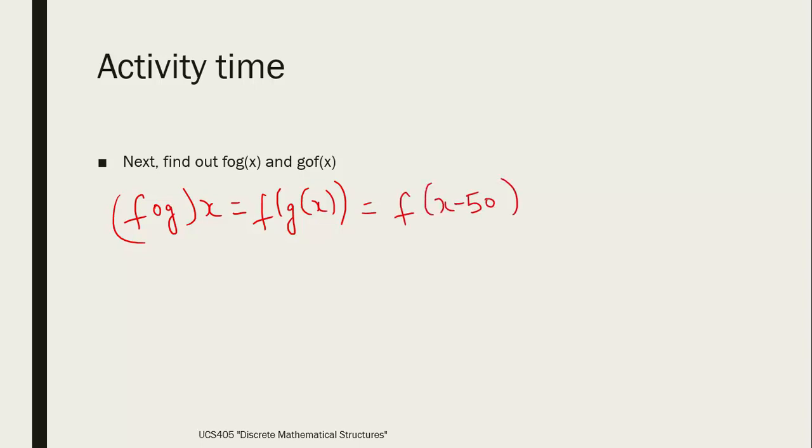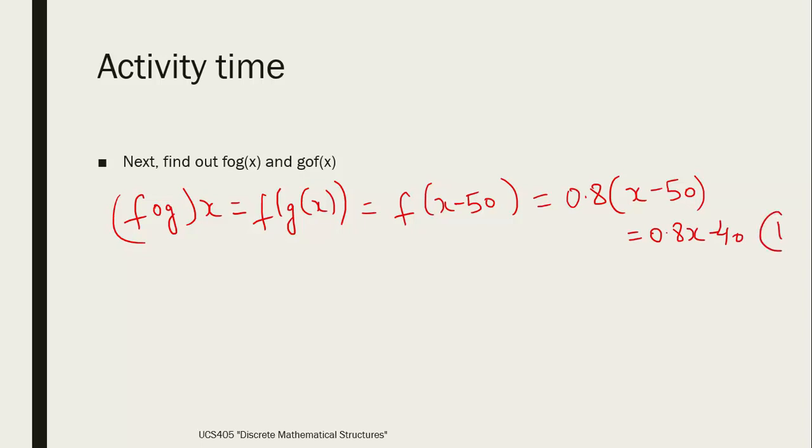We have already discussed composition of functions. So let us find f of g of x. g of x is x minus 50, so this is equal to f of x minus 50. f of x is 0.8x, so it is equal to 0.8 into (x minus 50), which comes out to be 0.8x minus 40.